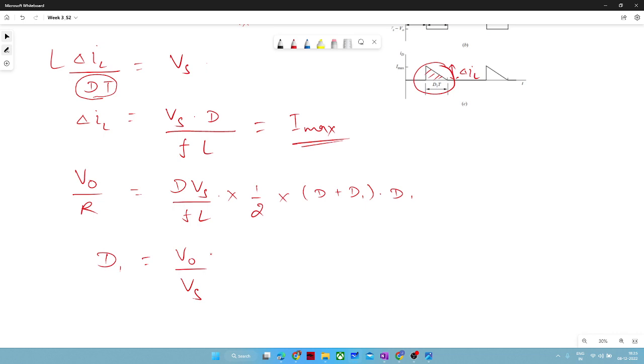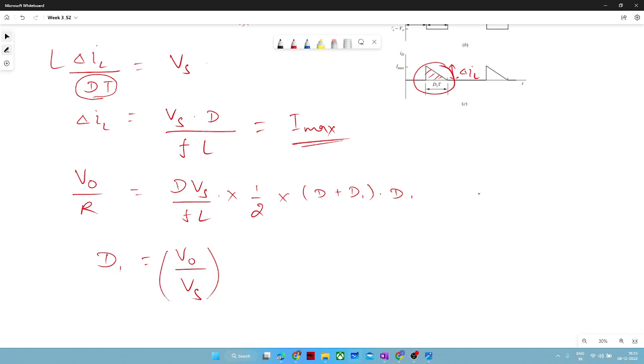Because if you do not want this V naught by Vs, then your equation will go in third degree kind of equation. So you do not want to spend time in third degree equation. So for that purpose, V naught by Vs generally will be there.